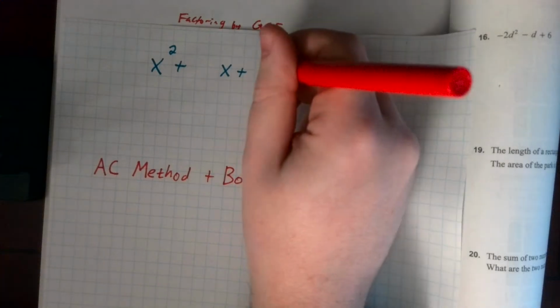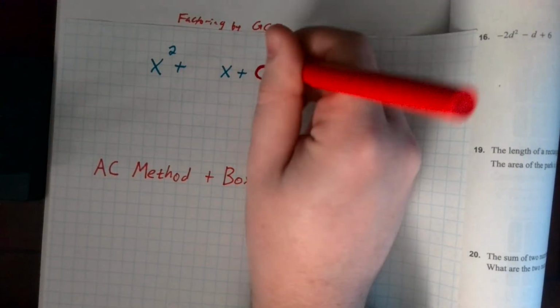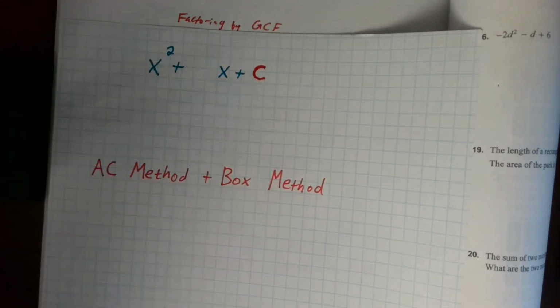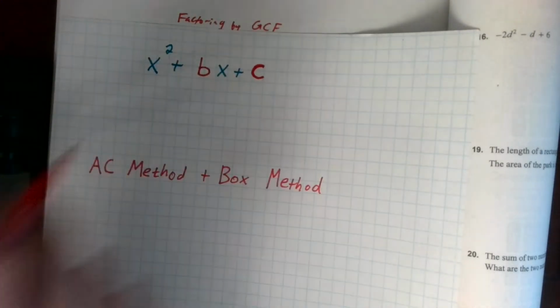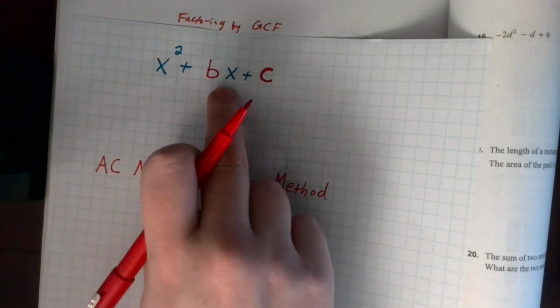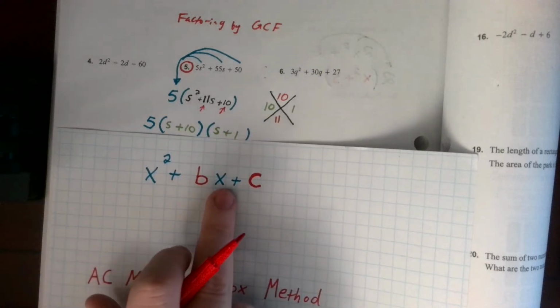Well, we've called our whole number, the last number, c before. C is some constant. That's what C stands for. It could just be any number. Our middle number, let's call b, the number that's multiplying our variable. We learned how to factor something that looks like this last time. It's just like this s squared plus 11s plus 10.